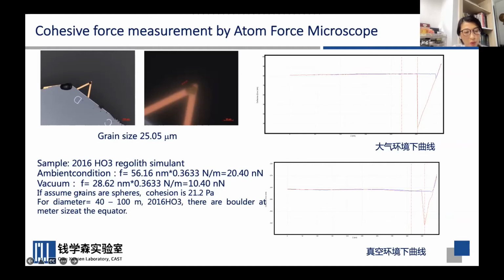So if we assume the grains are spheres, the cohesion is 21 Pascal. Then if we take the diameter of 2001 HO3 as 40 to 100 meters, there will be boulders up to meter size at the equator. That's the implication from our measurement.